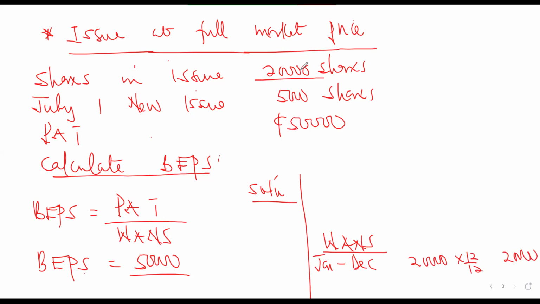Now from July to December, the new shares that we issued will do how many months? 6 months. So 6 over 12 of the 5,000 gives 2,500. So we have 2,500. What will be our total number of shares?